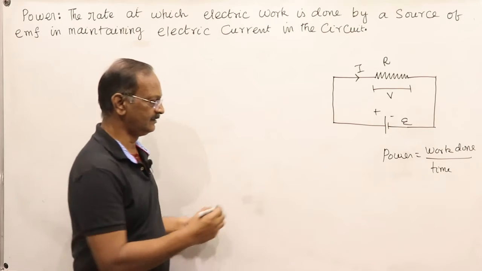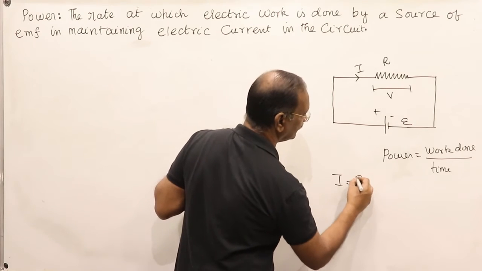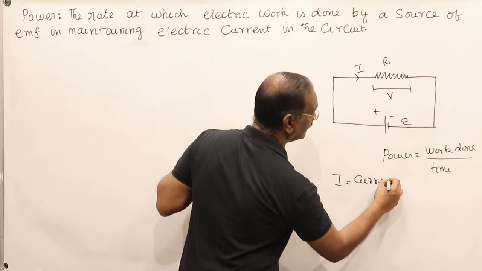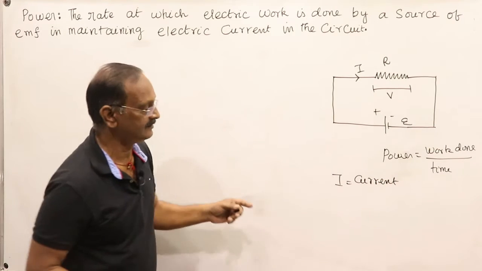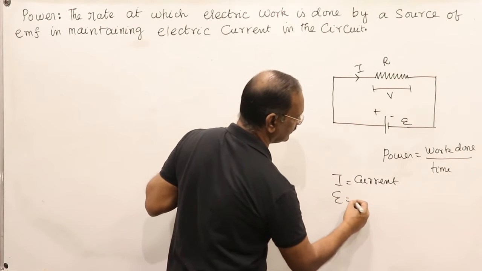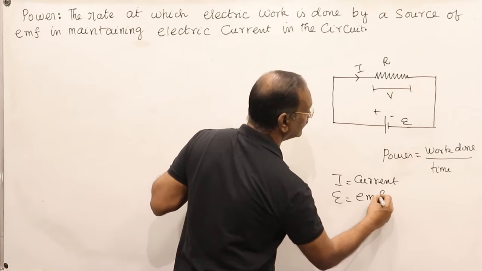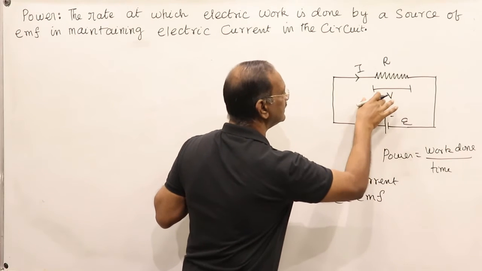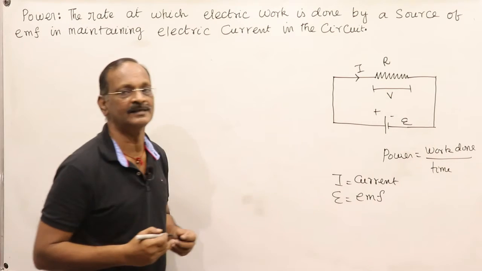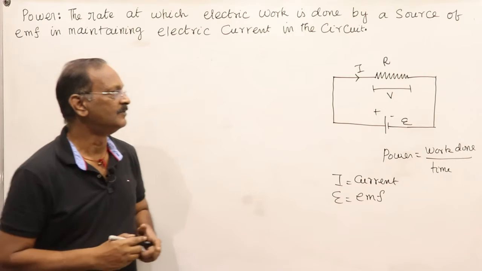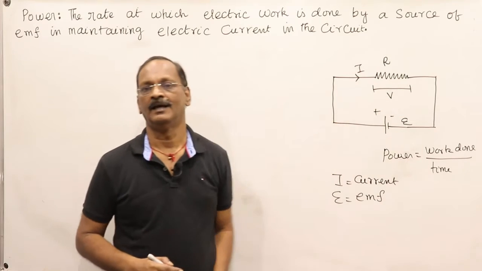So we know I is equal to the current in the circuit, and E is equal to the source EMF. This is the source which drives the current through this resistance. It moves from this end to that end.